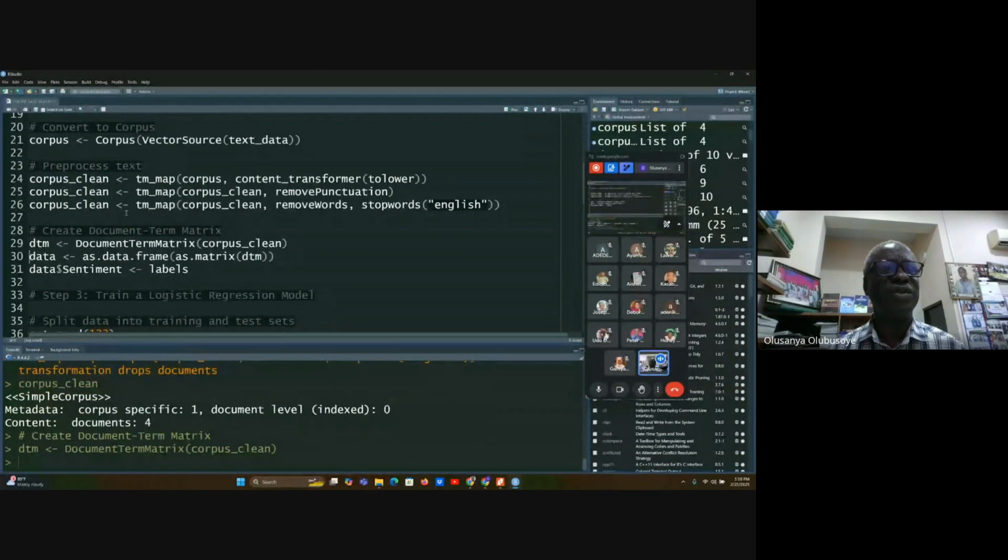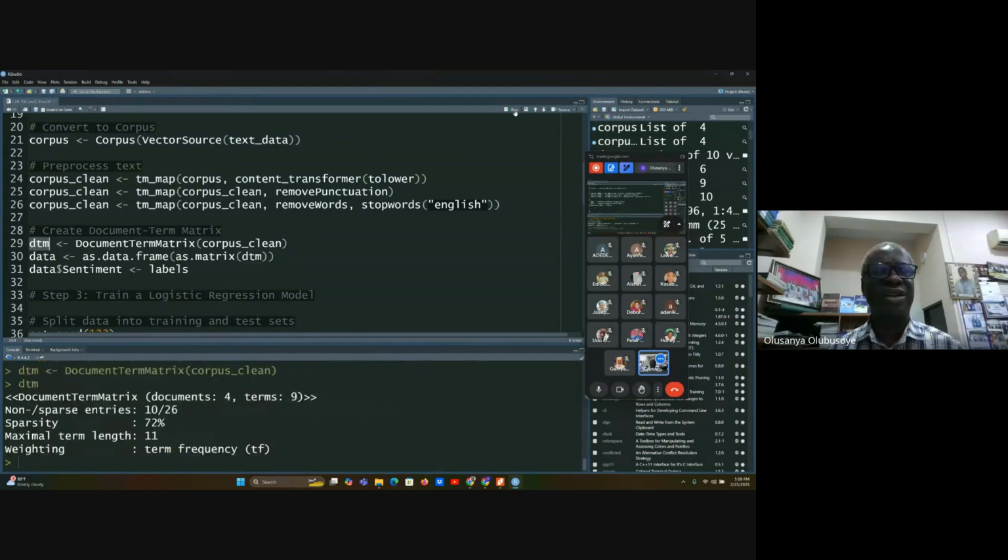Then if you want to see the document matrix, you can see it. This is only giving you the summary. So there are 4 documents there, and there are 9 terms there. You will see the 9 terms.